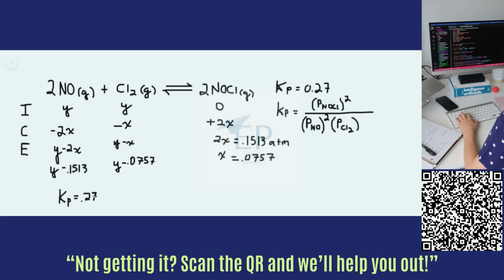0.27, which equals the partial pressure of NOCl, which it tells us is 0.1513 in atmospheres, squared.